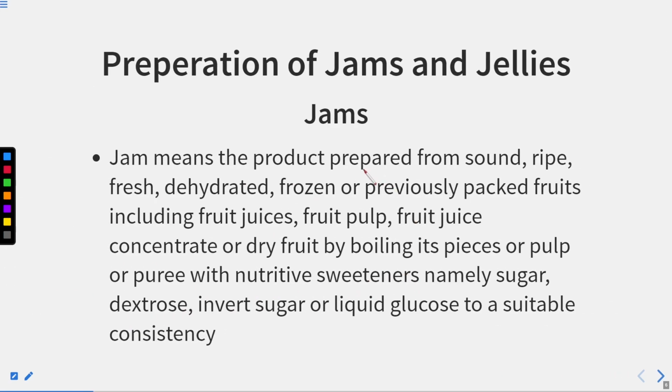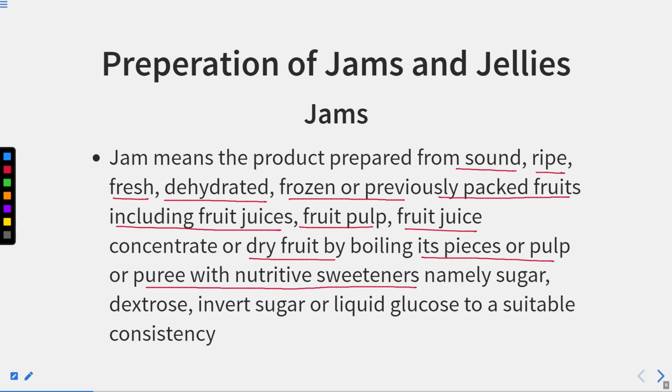Jams means the product prepared from sound, ripe, fresh, dehydrated, frozen, or previously packed fruit, including fruit juices, fruit pulp, and fruit juice concentrate or dry fruit, by boiling its pieces, pulp, or puree with nutritive sweeteners, namely sugar, dextrose, invert sugar, or liquid glucose, to a suitable consistency. So we can use either fresh fruit or dehydrated fruit.